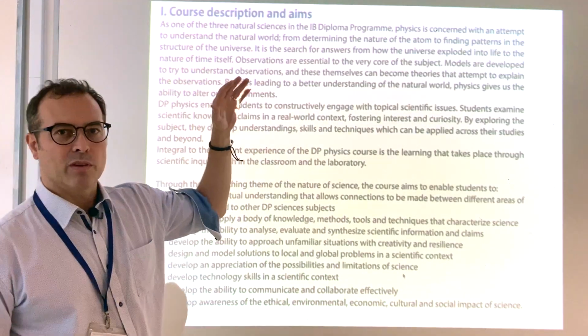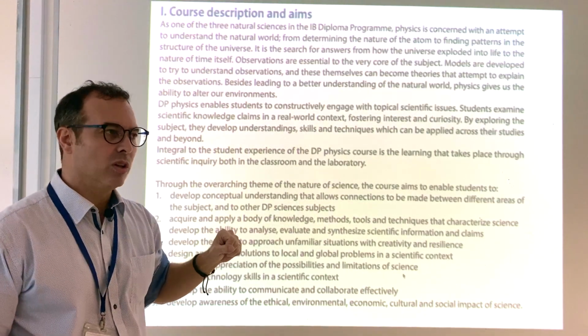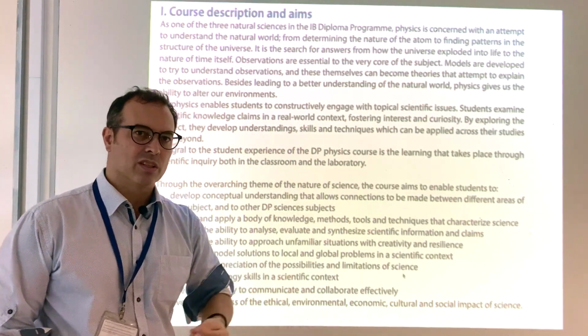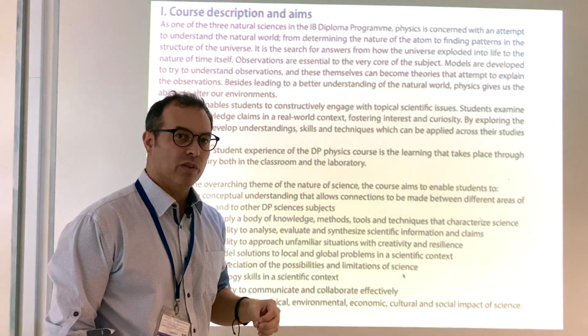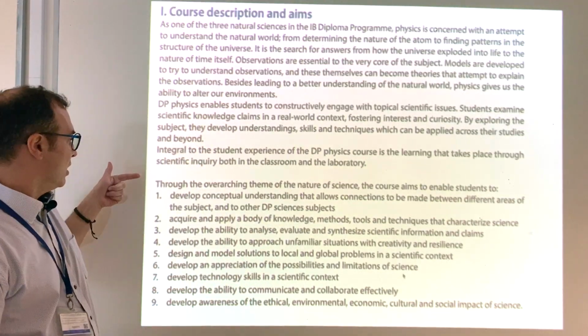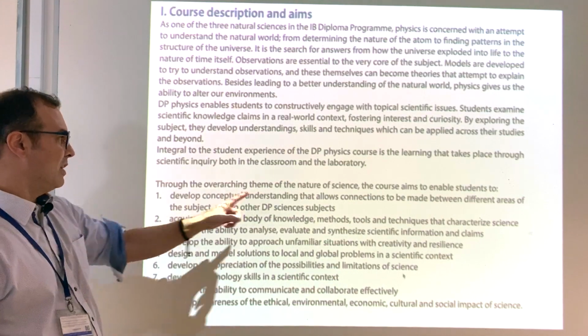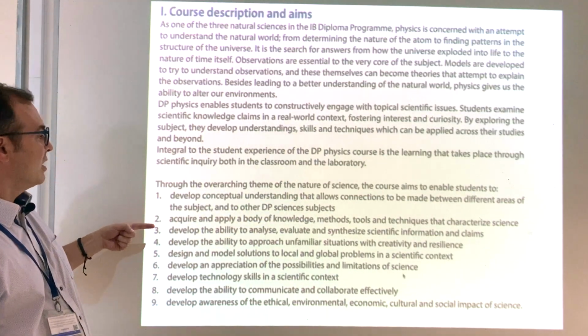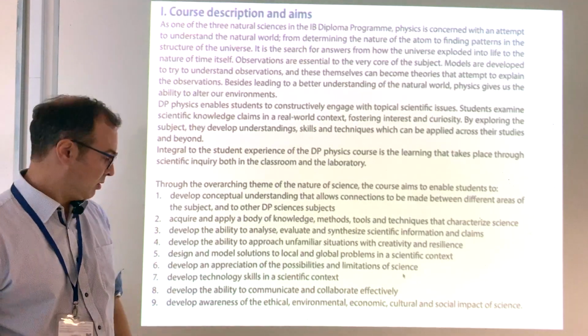We're going from the very large to the very small. We go all the way out into astrophysics and all the way down to the center of the atom. It's a very interesting course covering a wide range of different topics. The overarching theme of nature of science then allows us to develop these aims for our course.